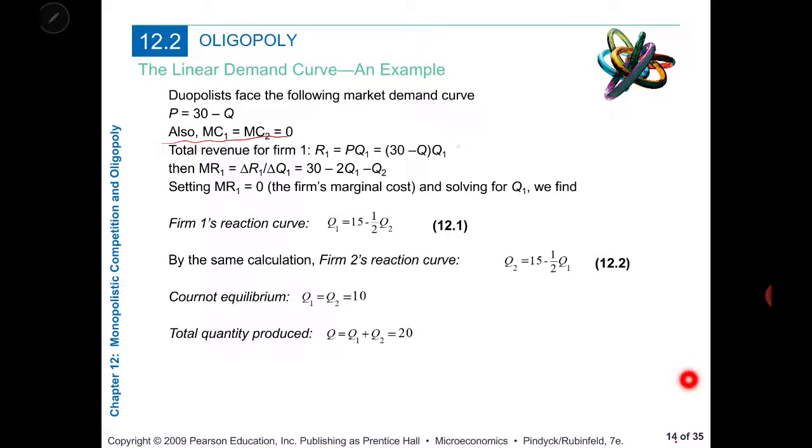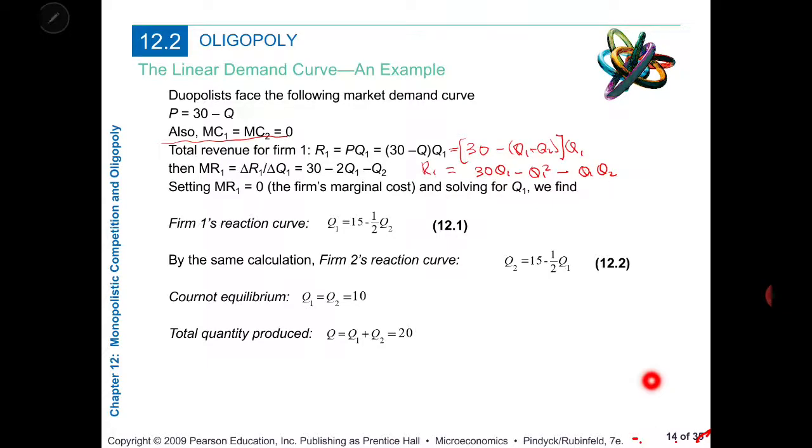So 30 minus Q, P times Q1, which you need to expand: 30 minus (Q1 plus Q2), and all of this multiplied by Q1. This gives us 30Q1 minus Q1 squared minus Q1Q2. So this is R1.